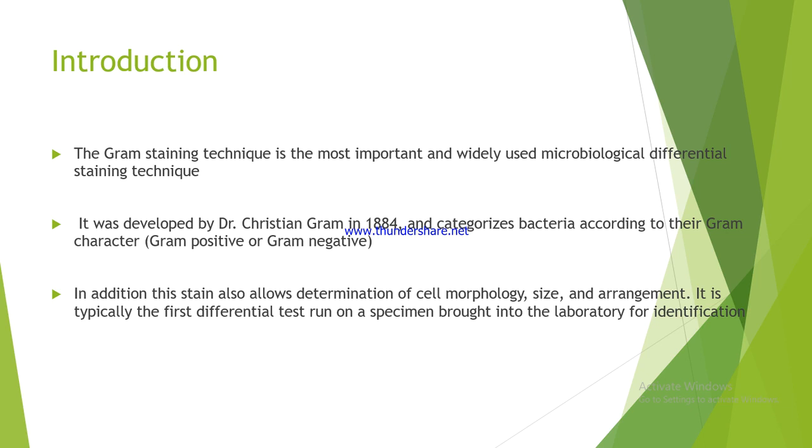So he identified that there is a basic difference between the cell walls, and found a method on the basis of which bacteria can be differentiated. The method which he found came to be considered the Gram staining method of identification of bacteria.